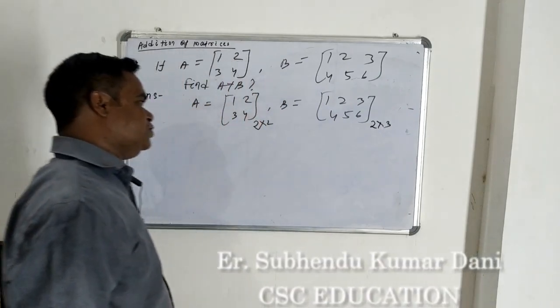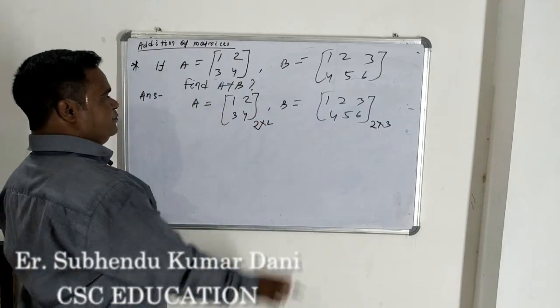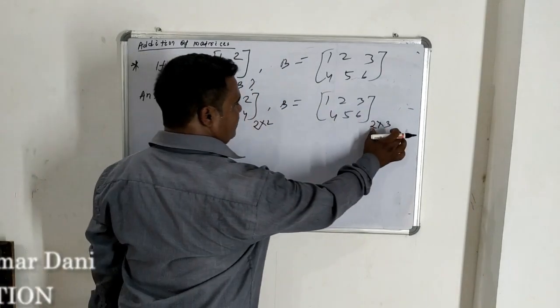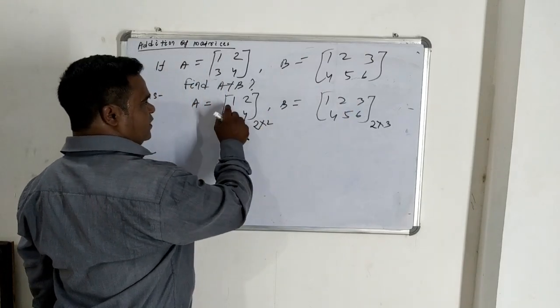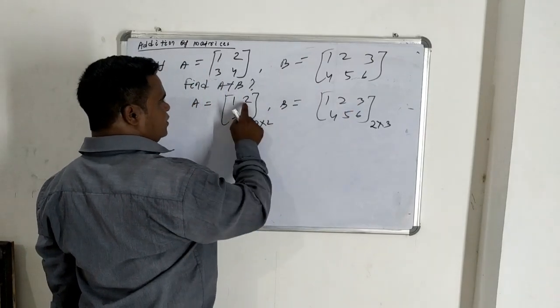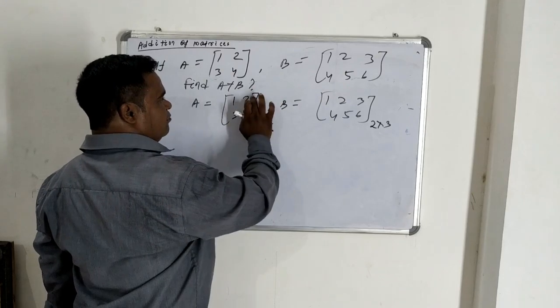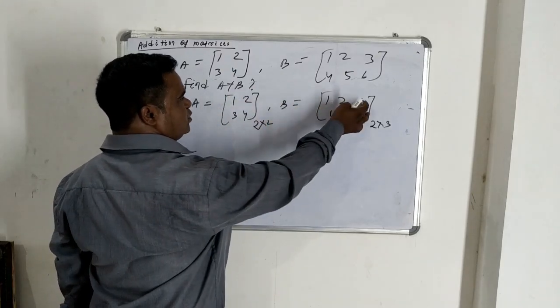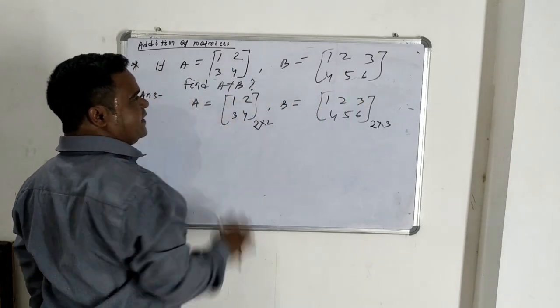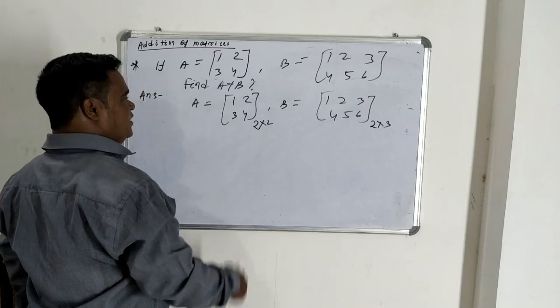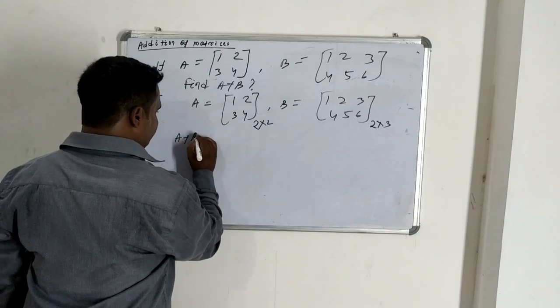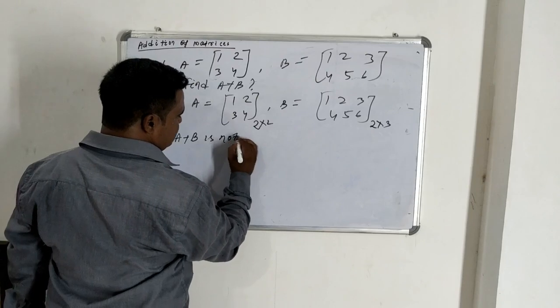It is not possible because here it is 2 by 2 and there 2 by 3. 1 plus 1, 2 plus 2, but here there is no element, so which elements would be added?